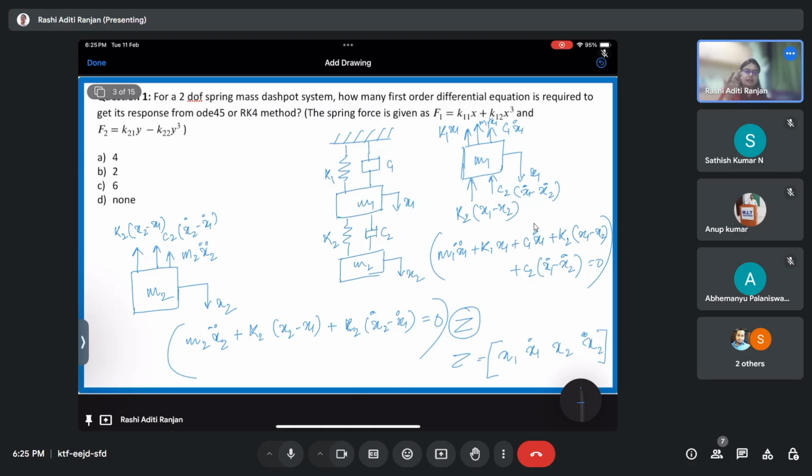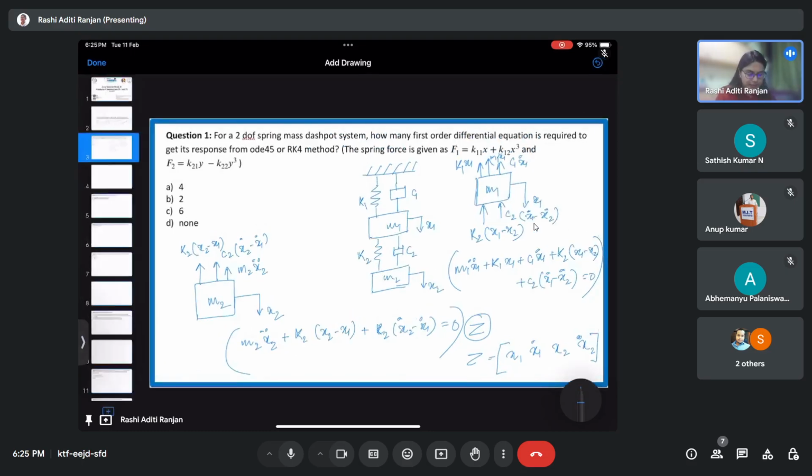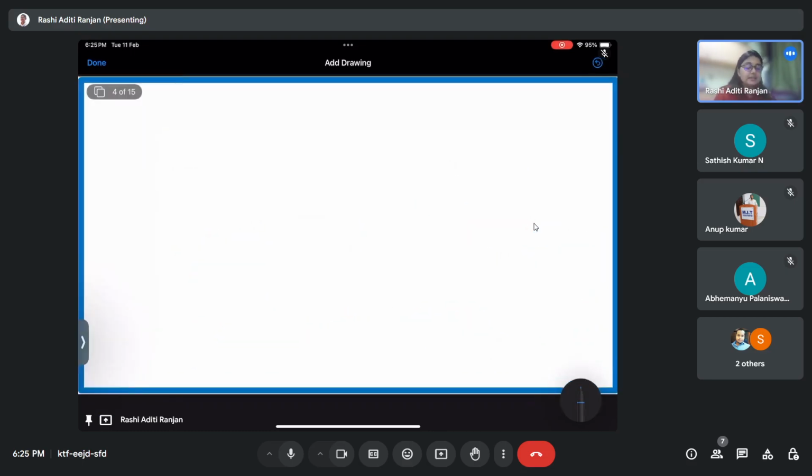That is what I have to integrate to get the velocity and displacement. So in that case, I have to define a z dot, which my ODE45 or RK4 method is going to integrate, which will constitute x1 dot, x1 double dot, x2 dot, x2 double dot. This is what I'm supposed to do.